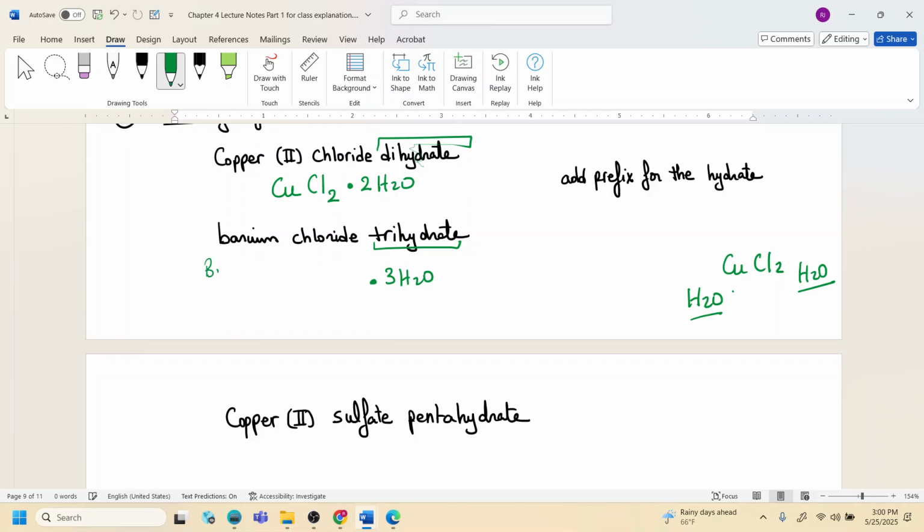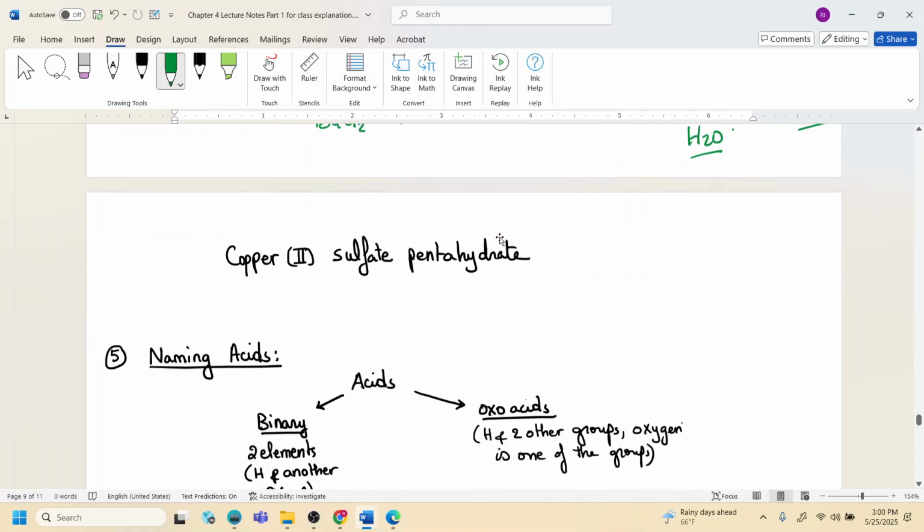Barium is group number 2, so this one is Ba2 plus, and then you have the chlorine, which is negative, cross the charges, and the formula is going to be BaCl2 in there. So barium is a regular metal. You do not use any Roman numeral to indicate any oxidation state because it's a regular metal. The Roman numerals are just for transition metals. So know what you are working with, okay?